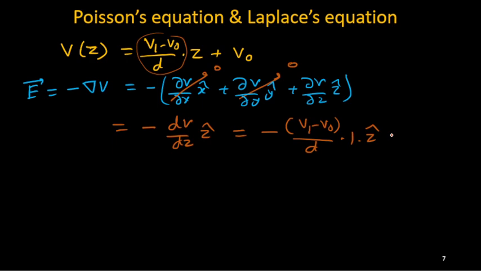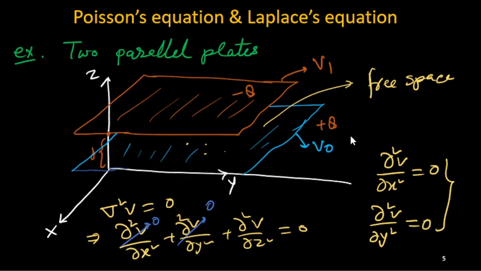So the electric field is in this direction, and I can write this as V0 minus V1 by D along Z direction. I am assuming that V0 is more than V1. If it is true, then this is positive Z direction. So we can show in this figure, if V0 is more than V1, the electric field direction will be along Z, and we can show it like that.